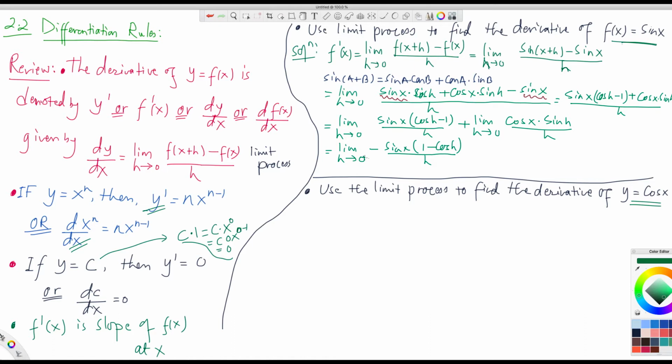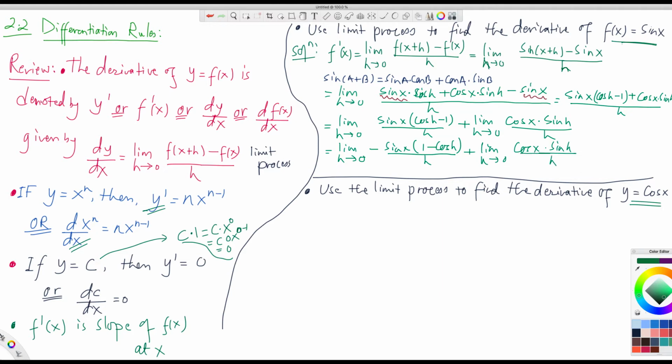Why do I do that? Because I know the limit formula: the limit as h tends to 0 of (1 minus cosine h) over h is 0. I want to use that formula. That's why I'm trying to write this in that form. And then plus the limit as h tends to 0 of cosine x times sine h over h. So look at this.